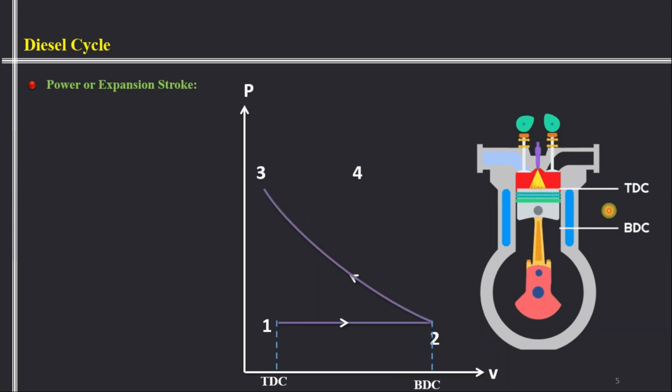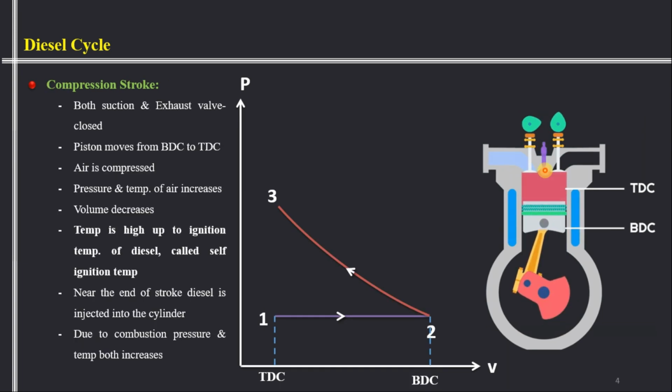The next stroke is the power or expansion stroke. In the diesel cycle, the rate of fuel injection is such that during combustion, constant pressure will be maintained. We have seen that we have started the supply of fuel at the end of the compression stroke.